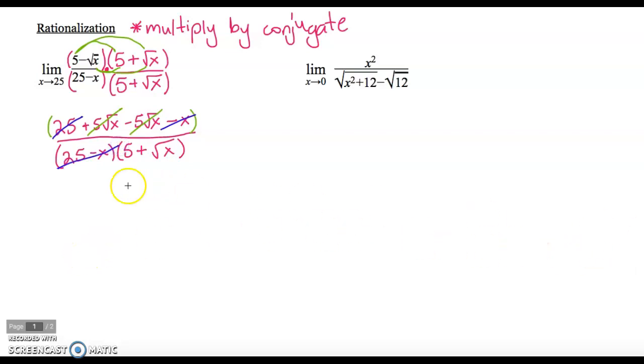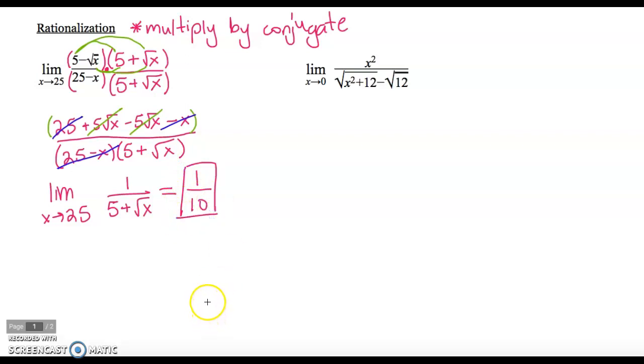So then secretly what I'm left taking the limit of is the limit as x approaches 25 of 1 over 5 plus the square root of x, which if I'm going to actually calculate that, plug in 25, 1 over 5 plus the square root of 25, 5 plus 5 is 10, so 1/10.